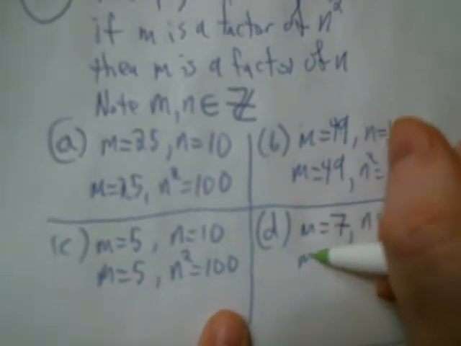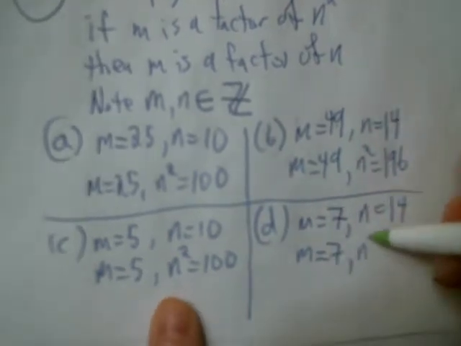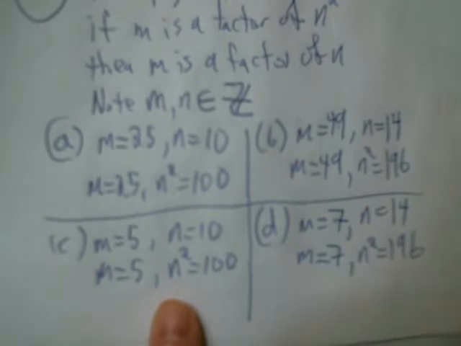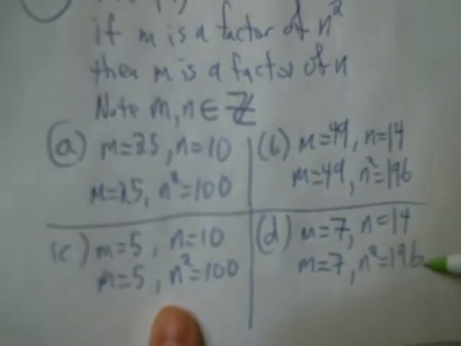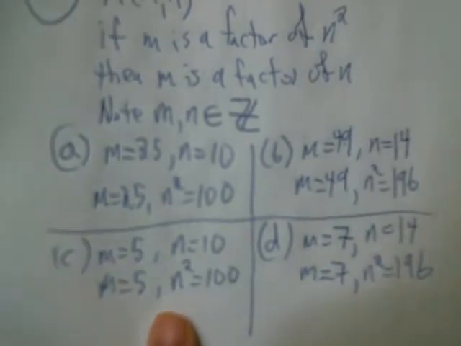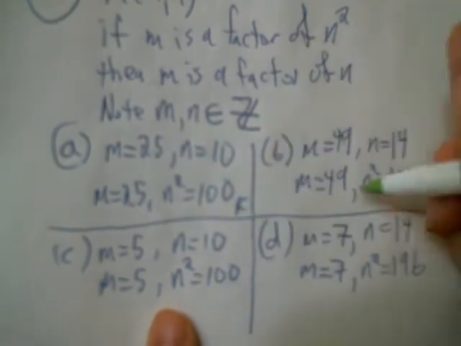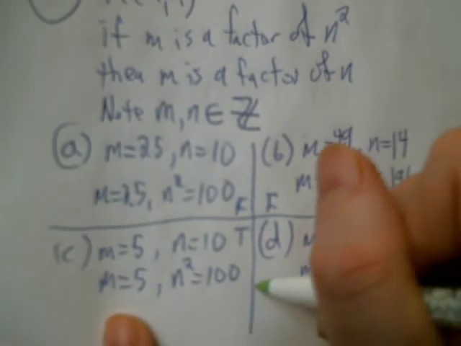So here m is 7, and then n squared is 196. 7 is a factor of 196, and 7 is also a factor of 14, so that's true. Okay, so this one was false, this one was false, this one was true, and this one was true.